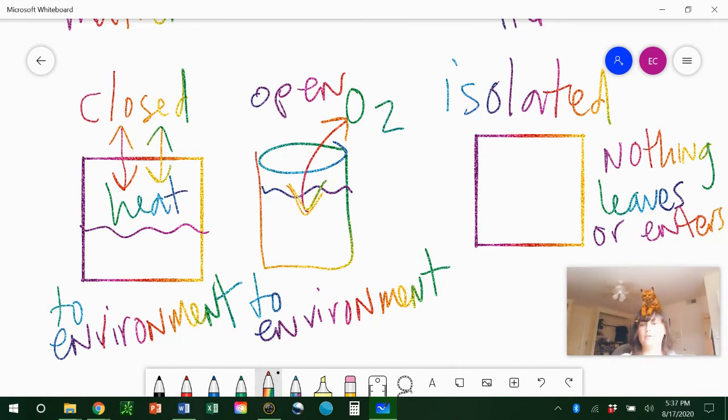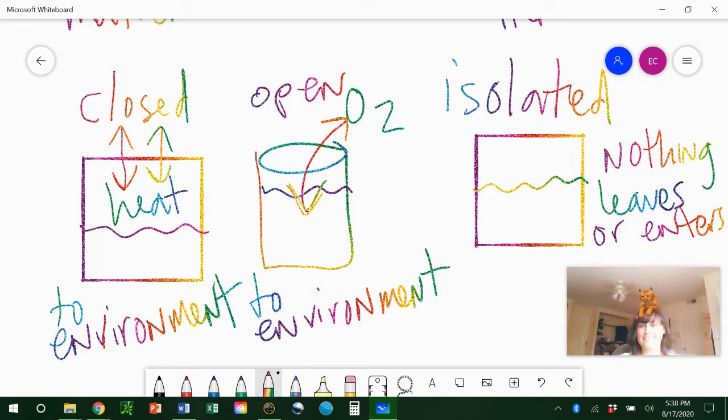So nothing leaves or enters the system. So this would actually stay hot because the heat wouldn't be able to leave. The cocoa would stay in there forever because it wouldn't be able to leave. So that's pretty much how it goes.